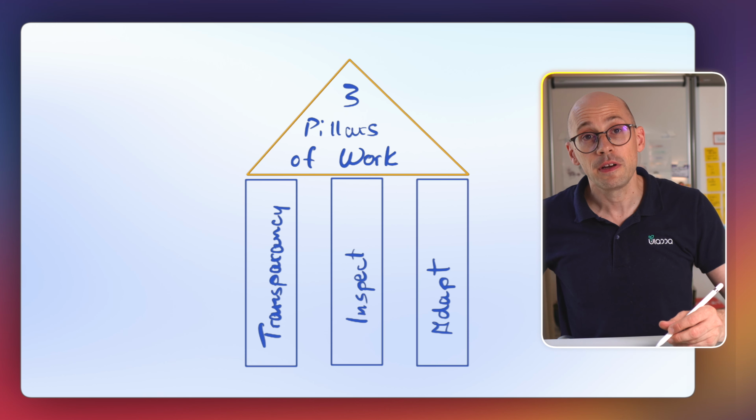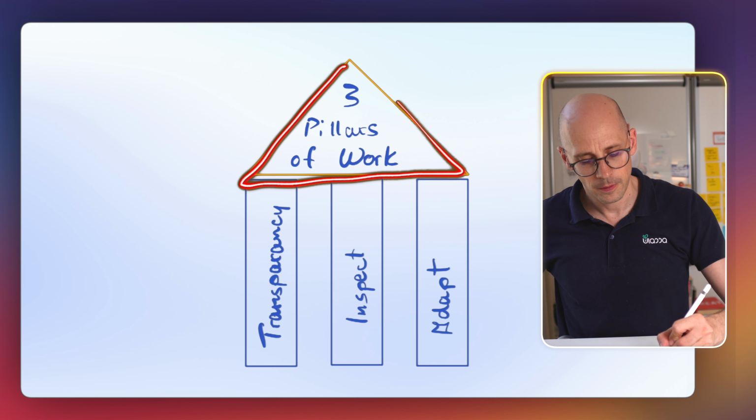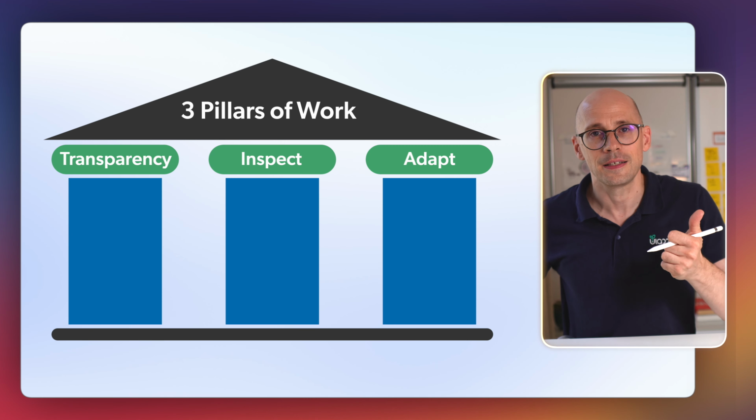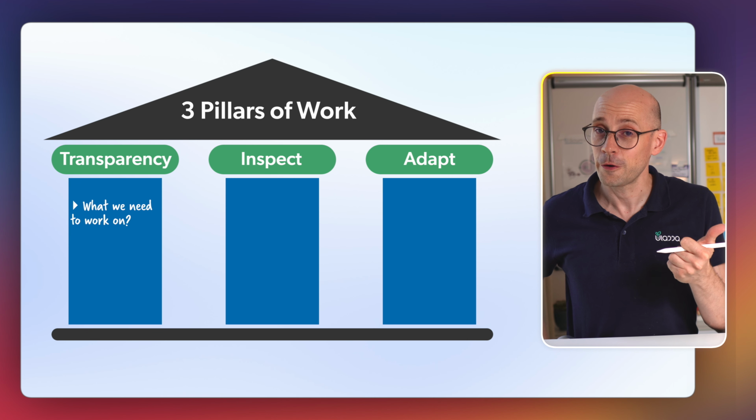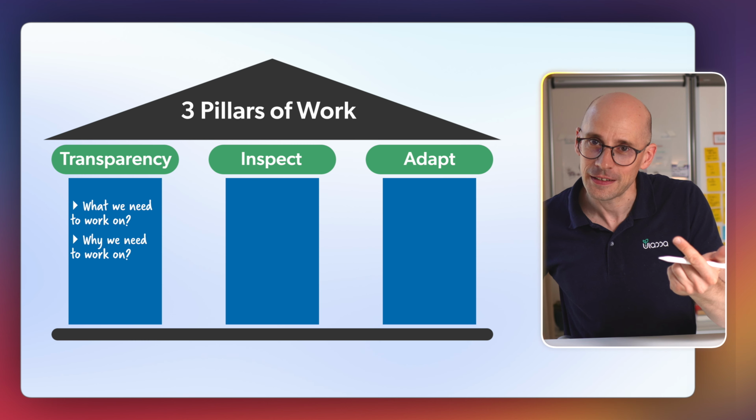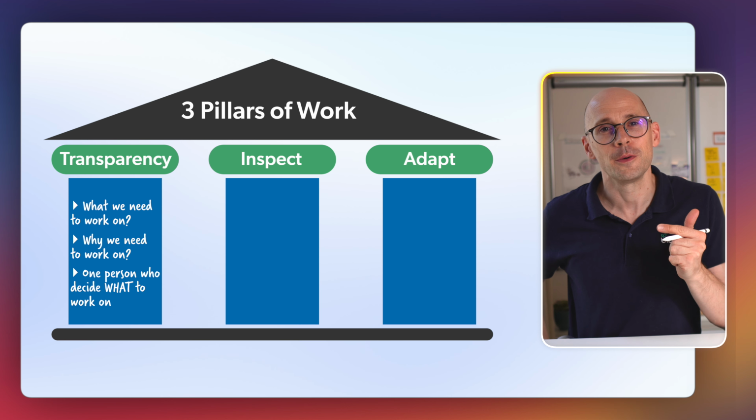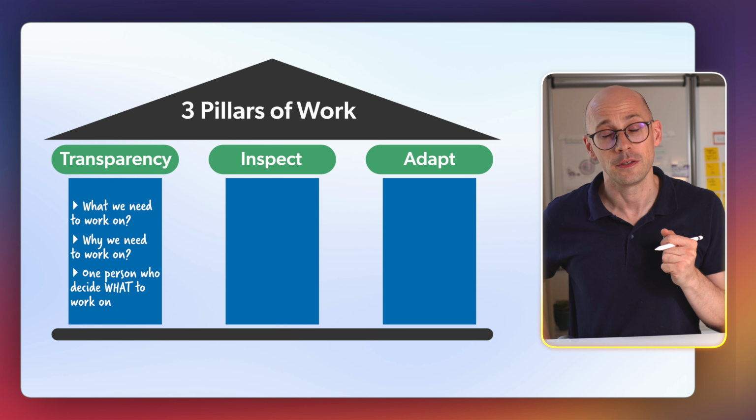It's the 3 pillars of work. The 3 pillars of work are transparency, inspect, and adapt. So that's what we want to work on. Make things transparent: knowing exactly what we need to work on and why we need to work on it, and have one person who can say what has to be worked on.